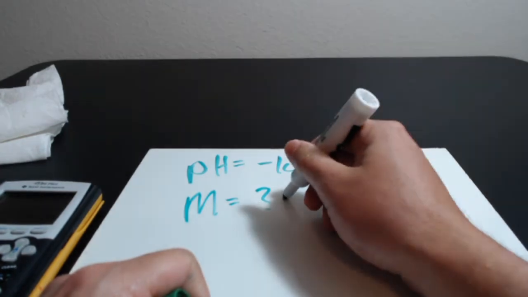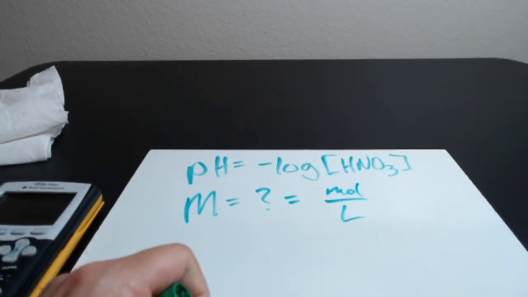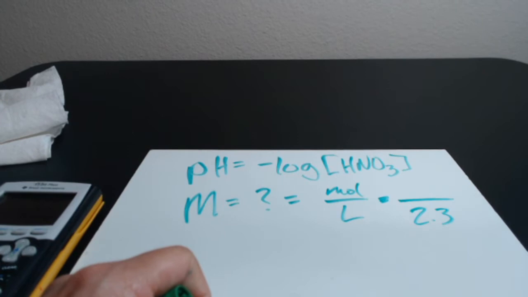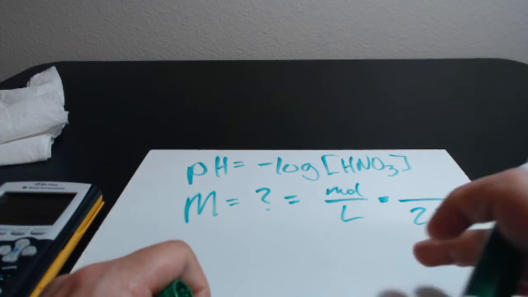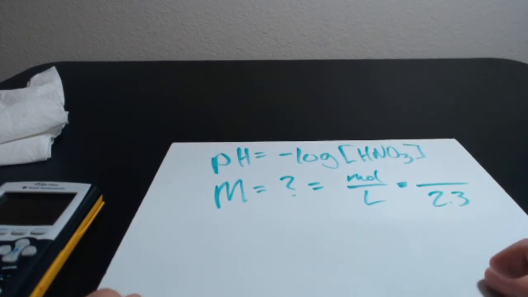Alright, well, what's molarity? Moles over liters. We have liters. It's 2.3. Do we have moles? Oh no, we don't have moles. So guess what we have to do with that 4.5 grams? You got it. We have to convert.